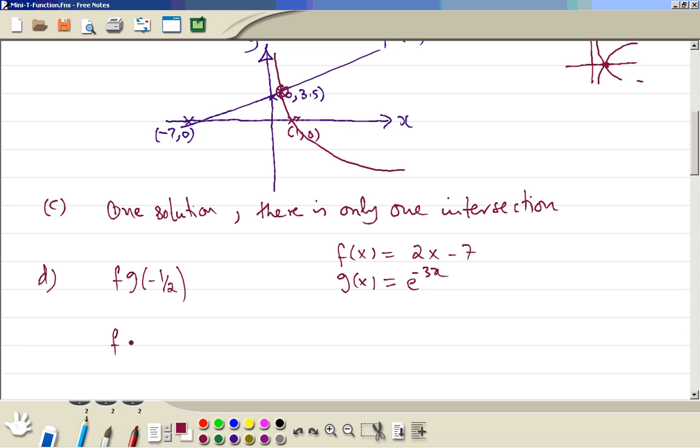So here, in this function, wherever x is, we write minus 1 half, so that becomes e to the power 3 over 2. Then we've got the f function: wherever x is, we write e to the power 3 over 2. Then from your calculator, you get the answer 1.96.